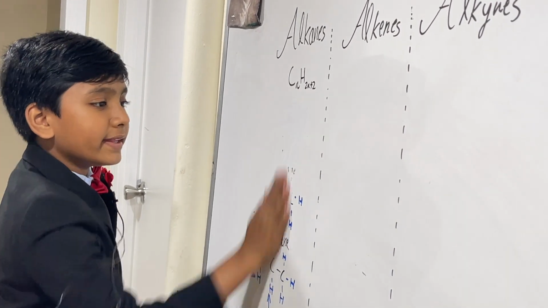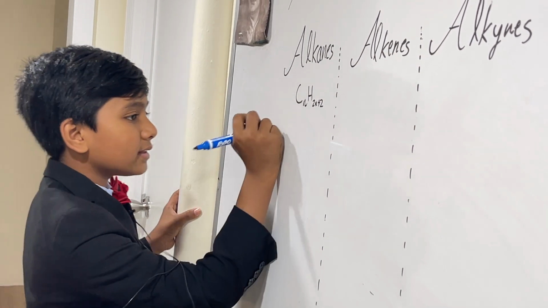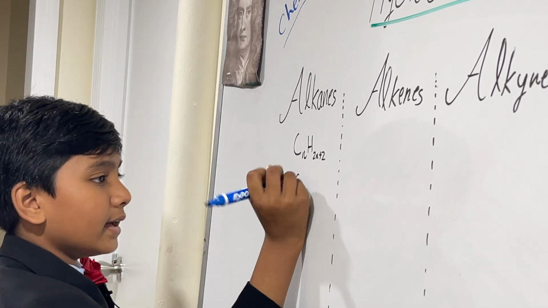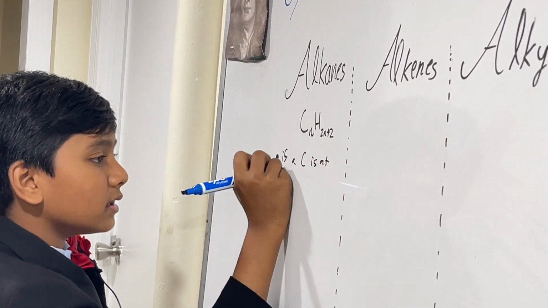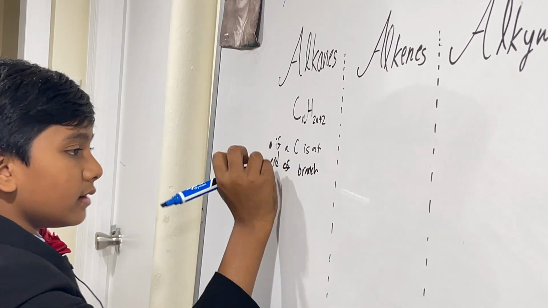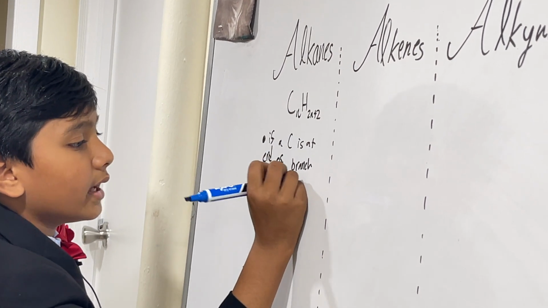So let's write our patterns down. So we know that if a carbon is at the end of a branch, it will have 3 hydrogens attached to it.